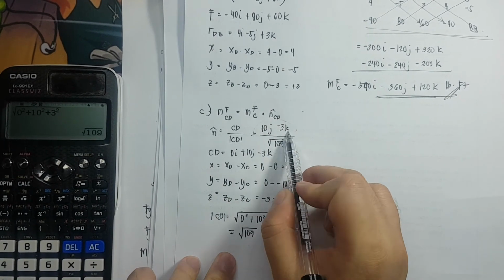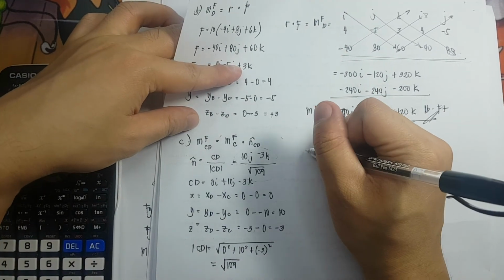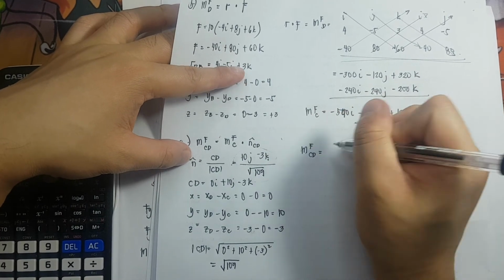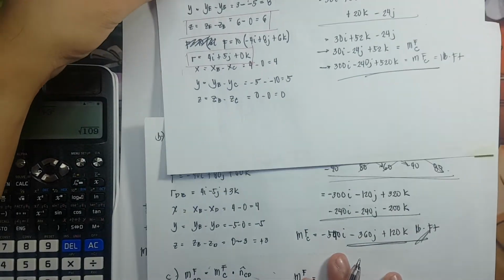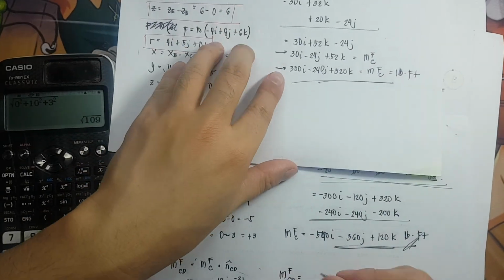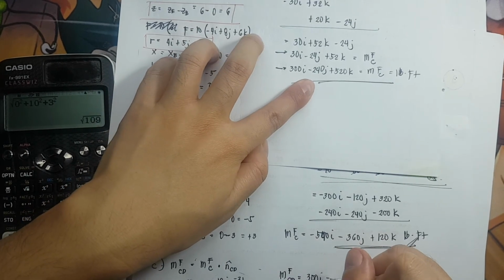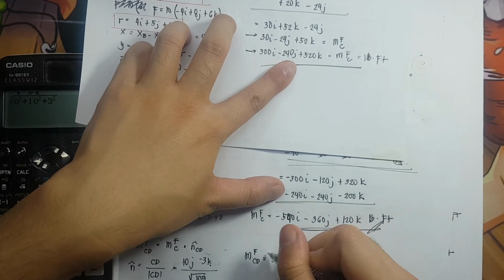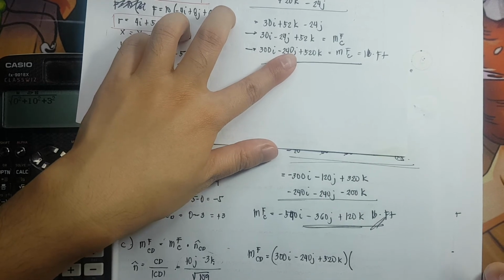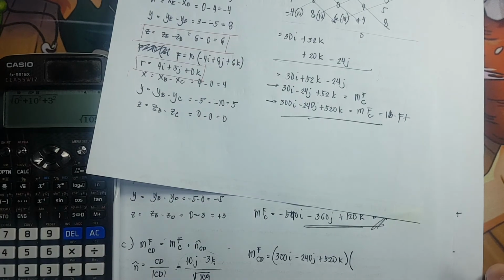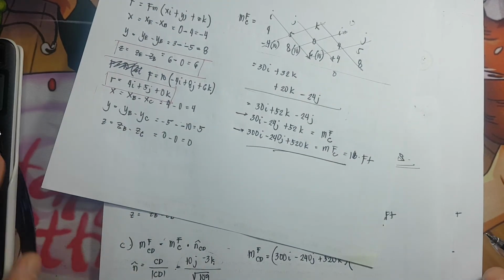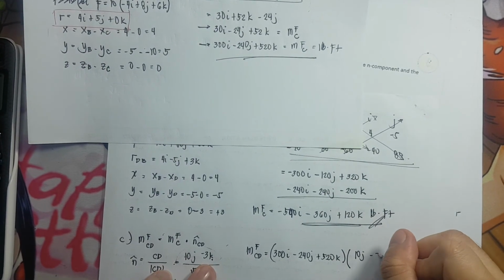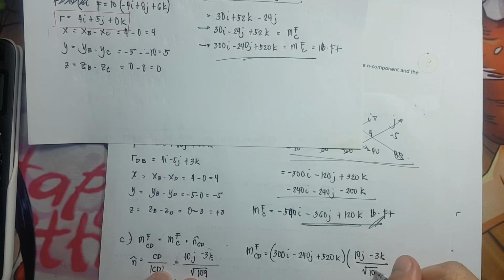Now substitute this position vector to your M. We have M of F with respect to CD equivalent to M of F with respect to C, which is 300i minus 240j plus 520k, times 10j minus 3k over the square root of 109.